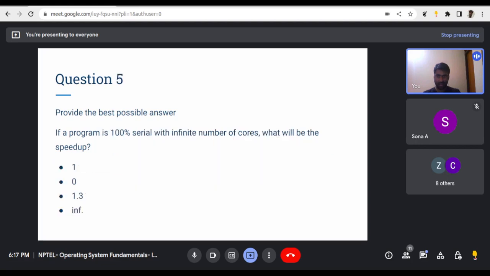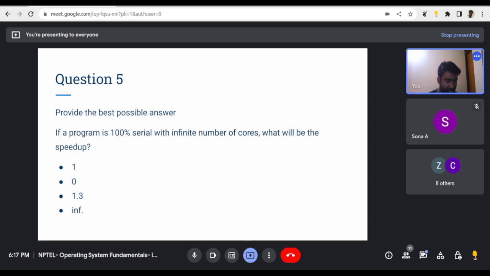If a program is 100% serial with an infinite number of cores, what will be the speed up? So the code is 100% serial and there are infinite number of cores. Would anybody like to contribute? This question is again related to Amdahl's law. There are infinite number of cores, which is again practically impossible, but for the sake of the question, let's think that it is possible.